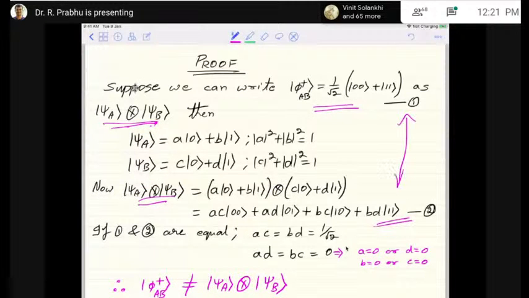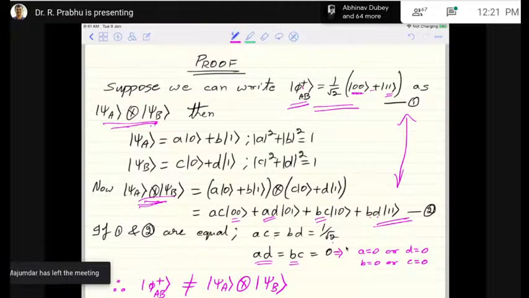If the state phi plus can be written as a tensor product, then the corresponding coefficients of the 2-qubit states should be equal, right? So 00 is equated with 00: AC. The 11 coefficient is BD, equated with the 11 coefficient over here, that is 1 by root 2, and similarly AD and BC are identified to be 0.